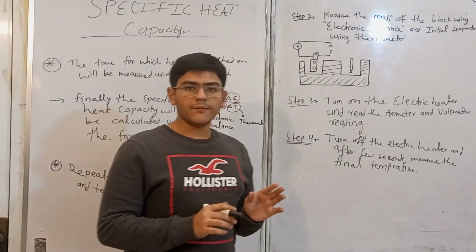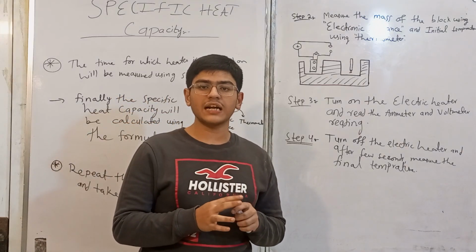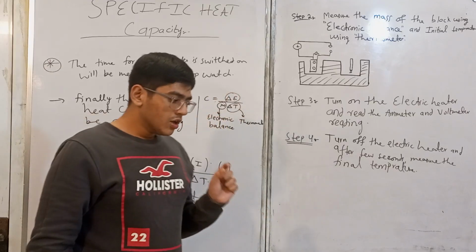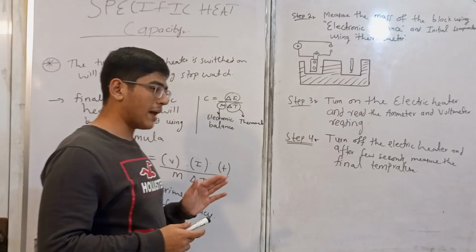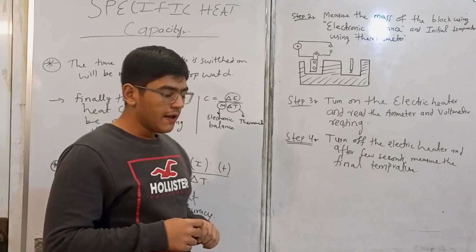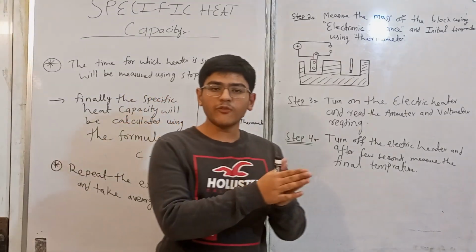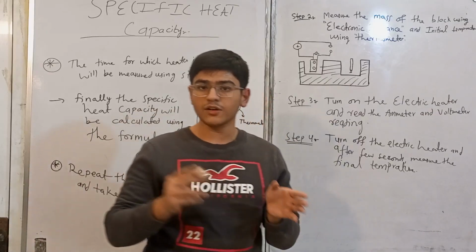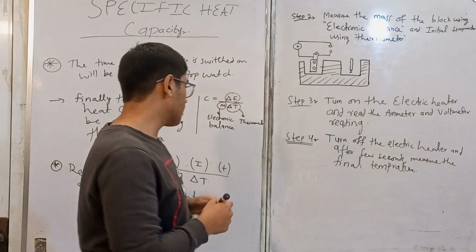Now the problem here is that whenever an experiment is conducted in a lab, there are 100% chances that there will be some energy losses, which is natural. So when we calculate the specific heat capacity in the final step, it will not be accurate, it will be overstated, because as the heat is supplied, some of the heat will be lost to the environment and the change in temperature will be less than it should have been, due to which the specific heat capacity would be overrated.